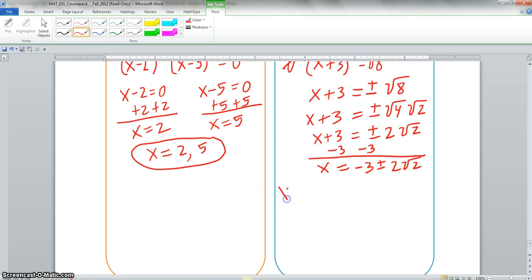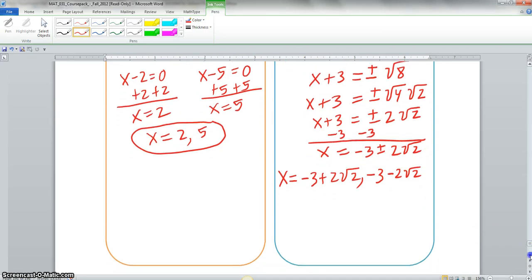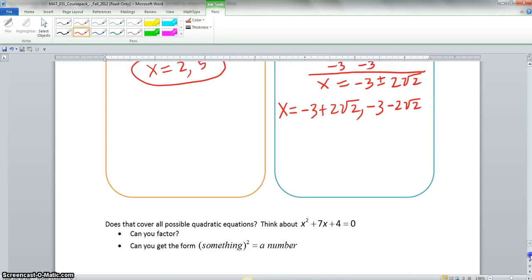Now, this is expanded form. You have x is equal to negative 3 plus 2 square root of 2, comma, negative 3 minus 2 square root of 2. Both of these answers are correct, but depending on MyMathLab, it may accept this version or this version here.